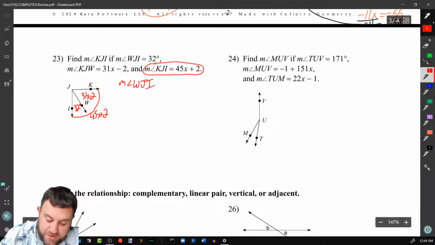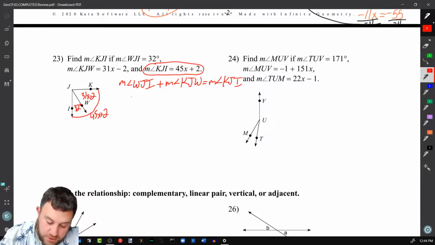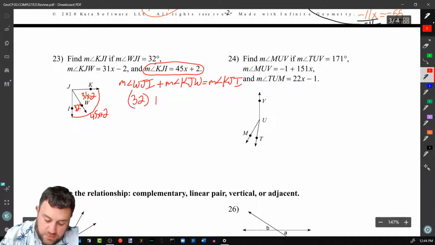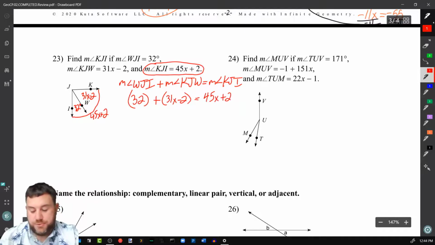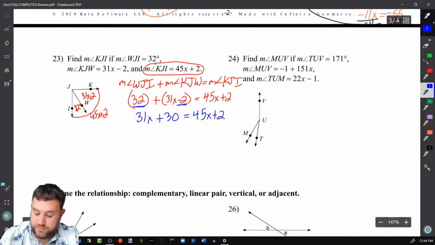So the measure of angle WJI plus the measure of angle KJW equals the measure of angle KJI, the whole thing. So it'll be 32 plus 31x minus 2 equals 45x plus 2. Combine your like terms. So this will give us 31x plus 30 equals 45x plus 2.